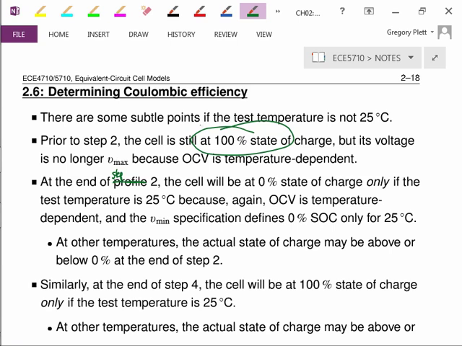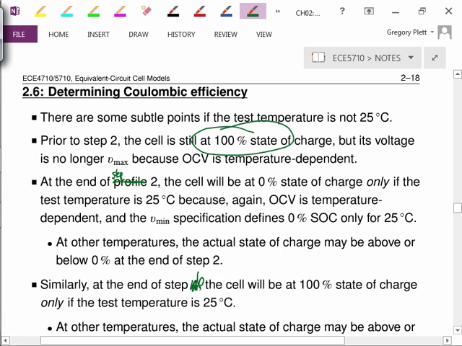Then at step 3, I have a soak at 25 degrees, and at step 4, I'm going to discharge down to 0%. This here is the wrong step number. This should be 6.